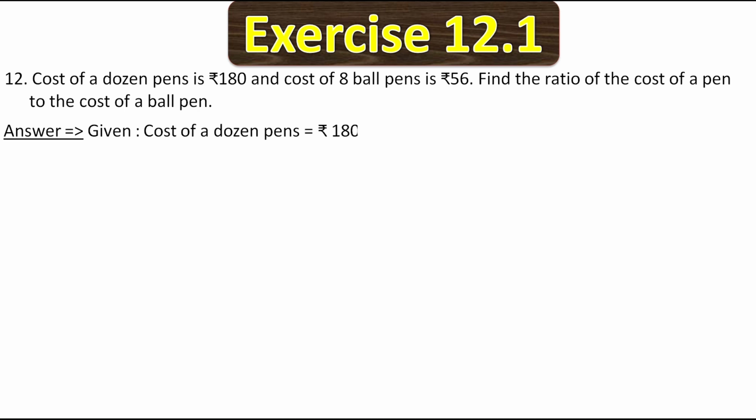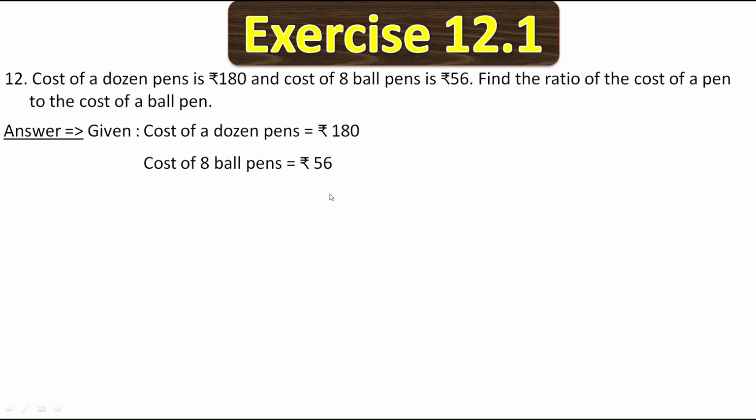The cost of a dozen pens is rupees 180 and the cost of 8 ball pens is rupees 56. Now we have to find the ratio of the cost of a pen to the cost of a ball pen. Okay, but they have given the cost for a dozen pens, and for 8 ball pens.